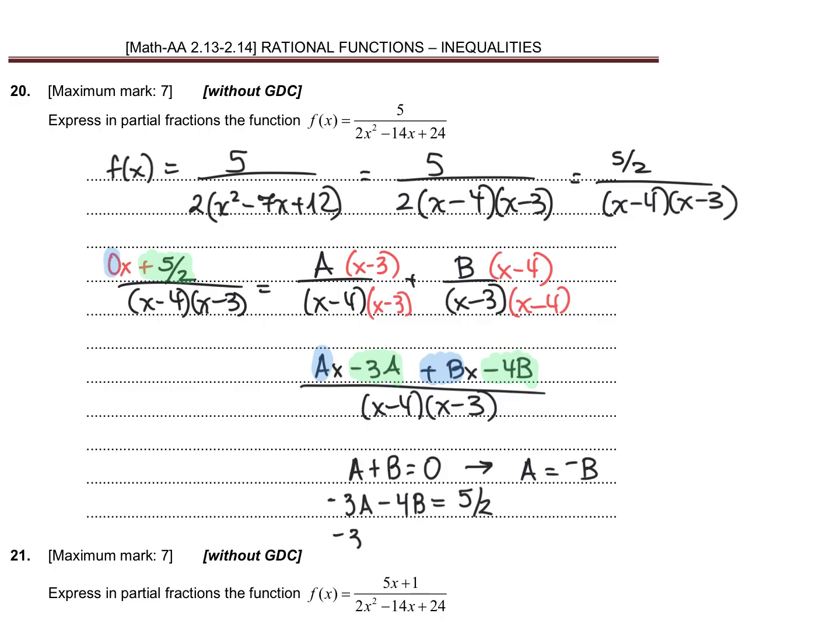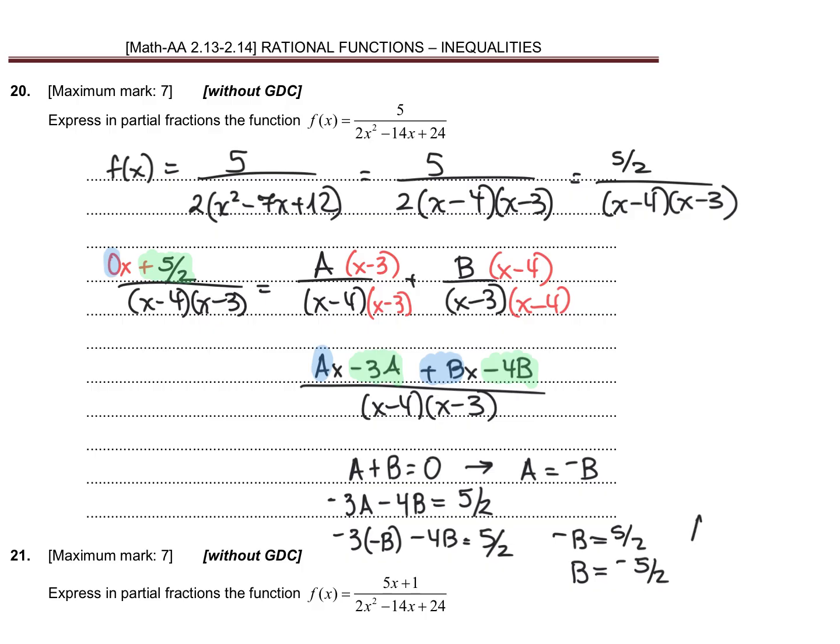So we'll have negative 3 times negative b minus 4b equals 5 over 2. So we'll have 3b minus 4b, which is negative b, equals 5 over 2. So b equals negative 5 over 2.